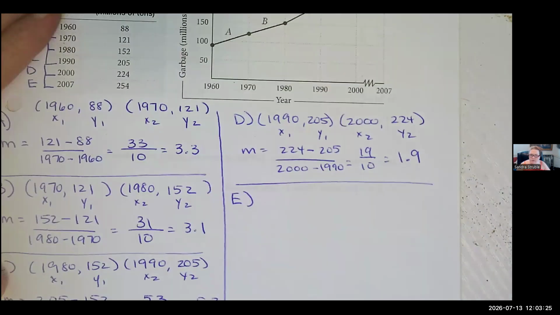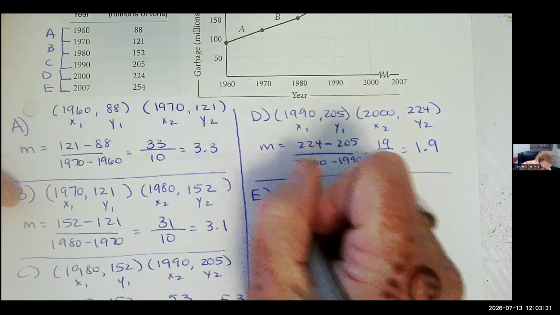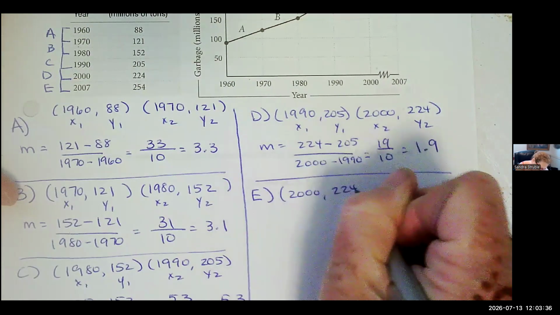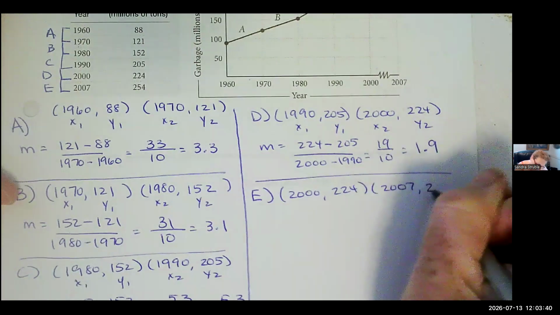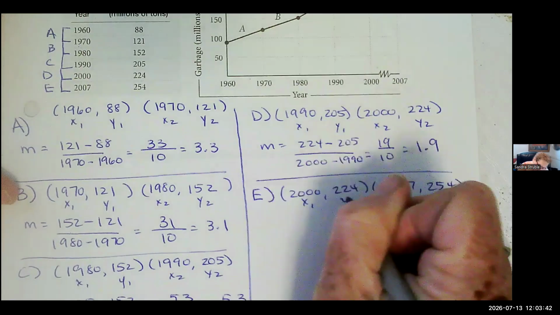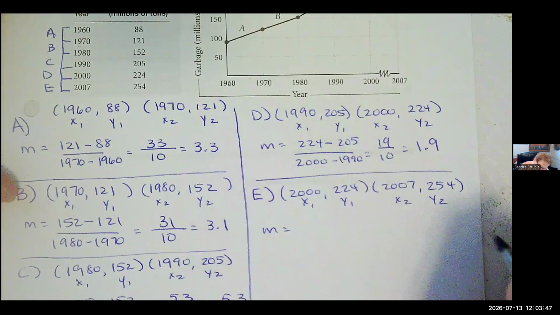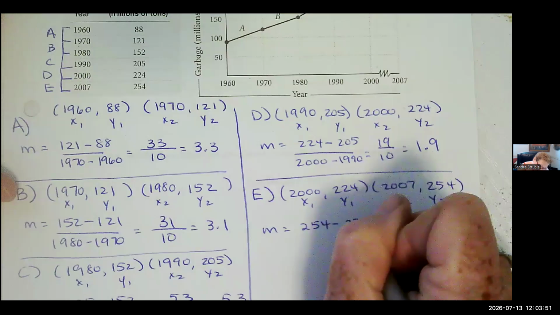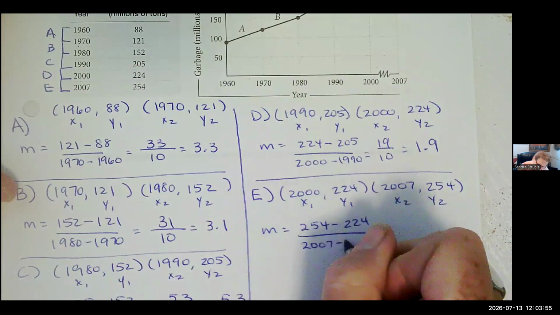Okay, for E, we're going to go 2000, which had 224, and then 2007, which had 254. X1, Y1, X2, Y2. So Y sub 2, 254, minus Y sub 1, 224, over, now this is the one that's not the 10 years. It's 2007 minus 2000.